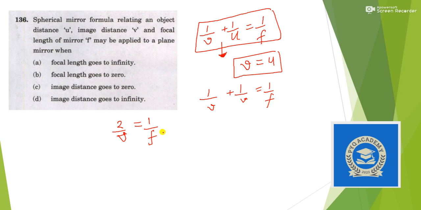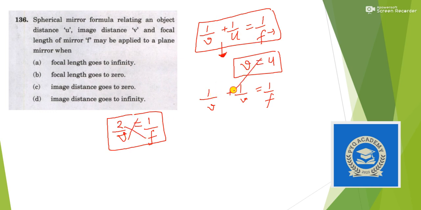Now let's go to the statements. The first statement is focal length goes to infinity. If we make this focal length infinity, and let's do this in a different way.